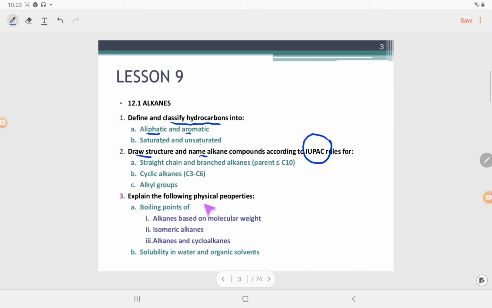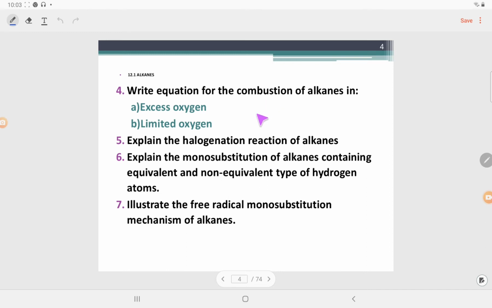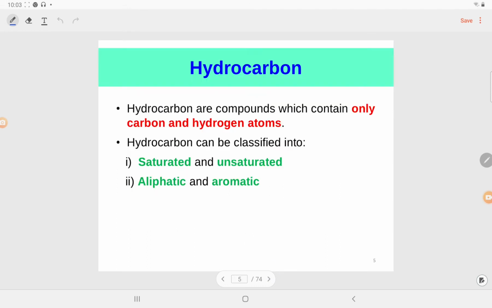We need to discuss the physical properties of the alkanes based on the concepts of boiling point and solubility. Next part, the chemical reactions of alkane involved in combustion and halogenation reactions. Focus on the type of reaction. We need to explain the mono-substitution of alkane containing equivalent and non-equivalent types of hydrogen. Finally, we need to illustrate the mechanisms involved in alkane.